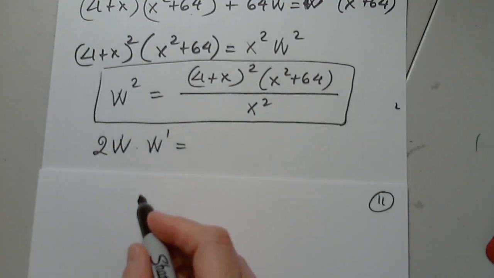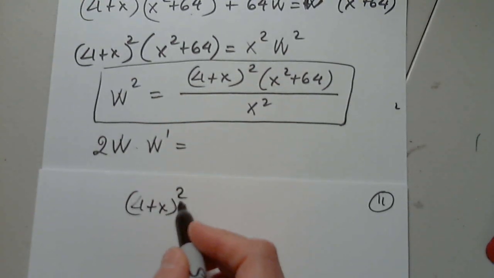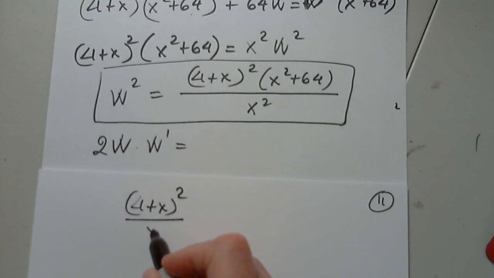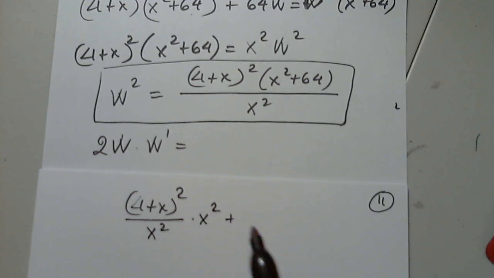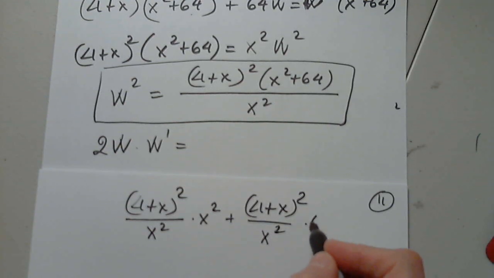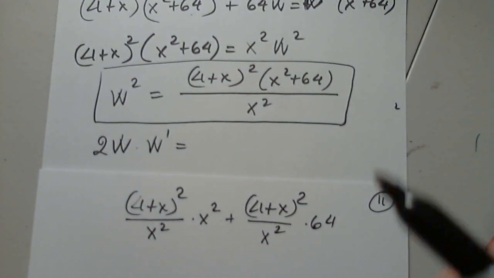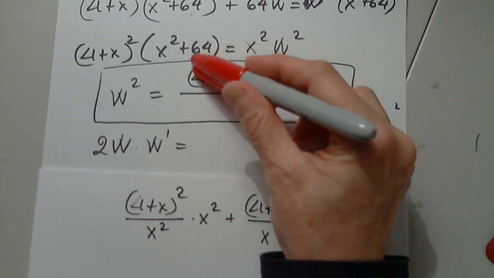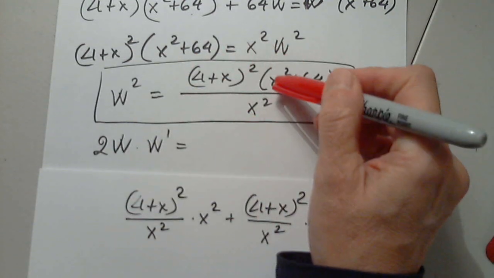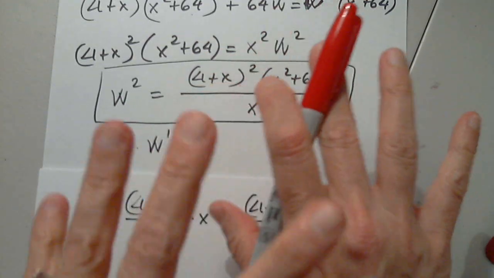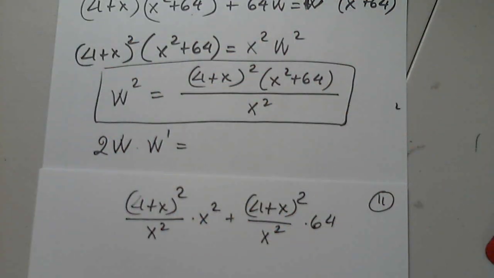So 4 plus x squared over x squared times x squared plus 4 plus x everything squared over x squared times 64. So what I did, a little bit unconventional, I distributed this to the first term, and I distributed this to the second term, because I don't want to differentiate that. I really don't.